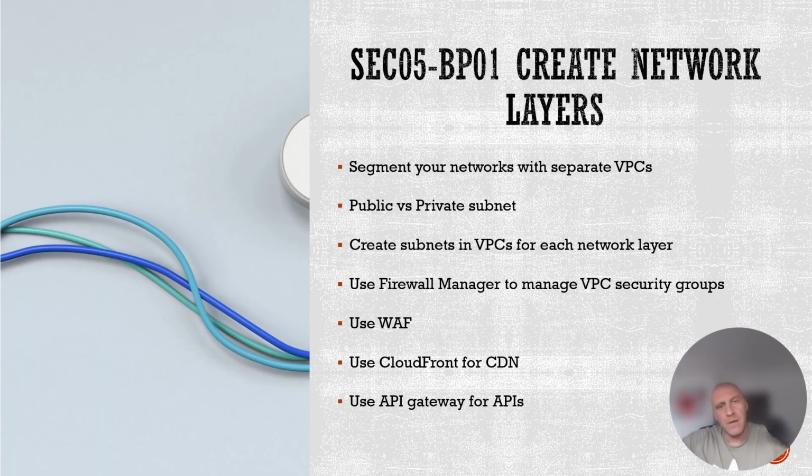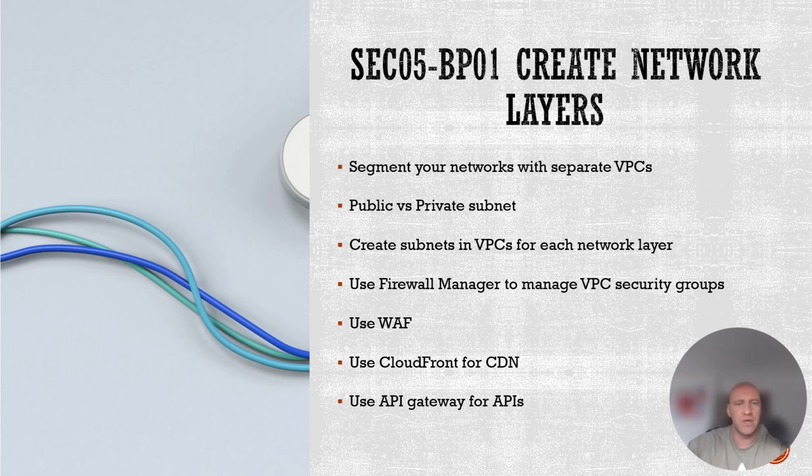The way we can create our network layers is to segment our networks with separate virtual private clouds, or VPCs. We have to decide whether we're going to use public or private subnets. We need to create subnets and VPCs for each separate network layer to create network isolation.